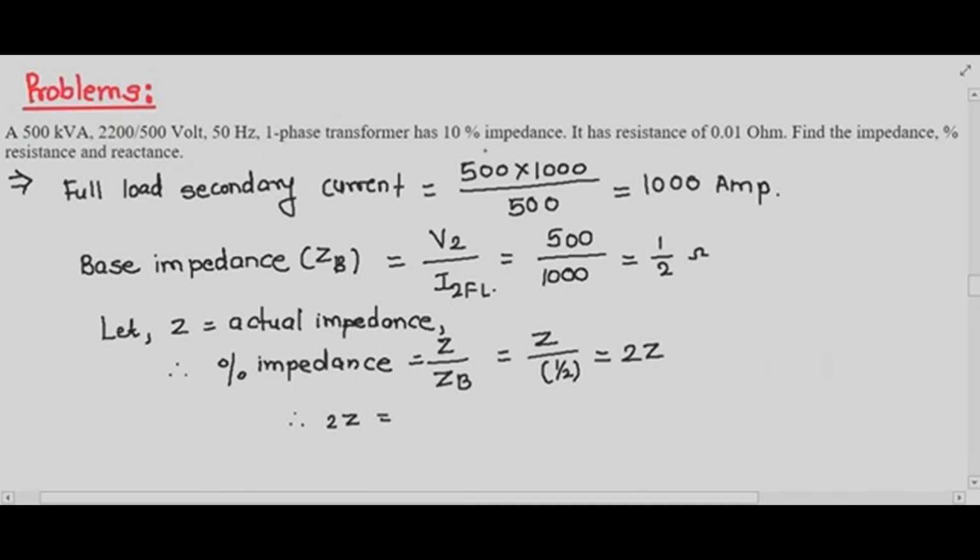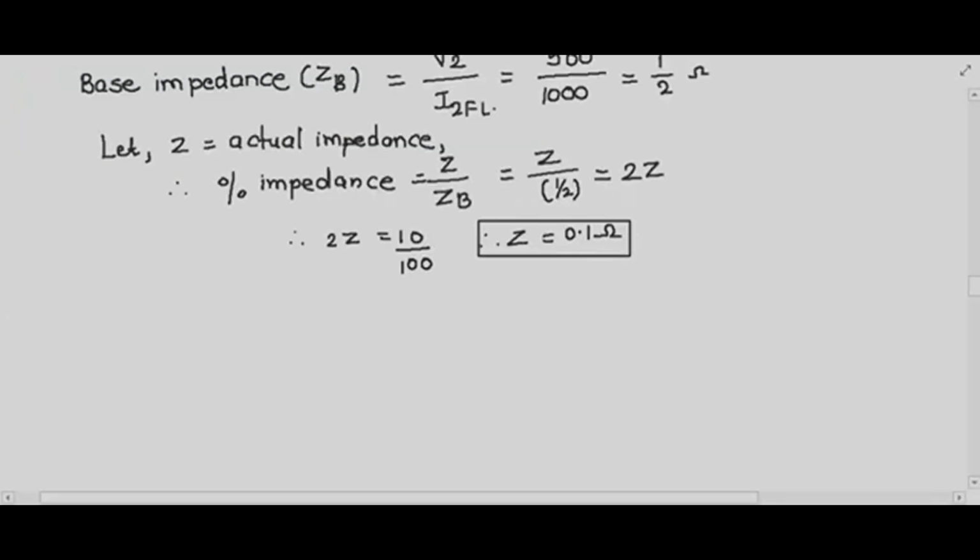It is nothing but 10% impedance, which is given. 10% means 10 by 100. So Z will be equal to 0.1 ohm. So you got the actual impedance here. So actual impedance is 0.1 ohm.